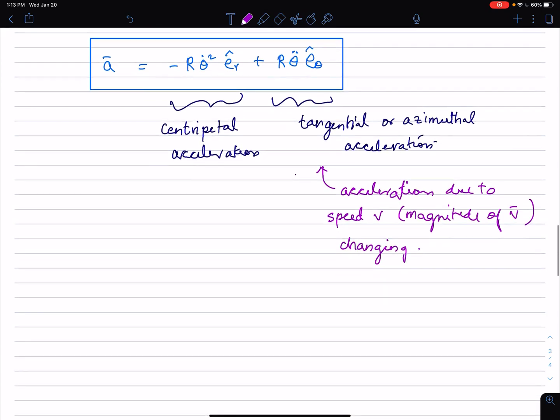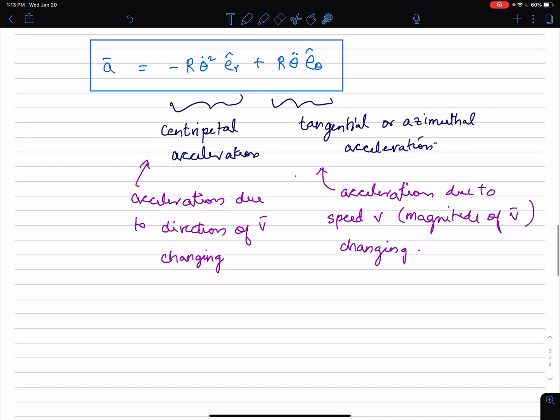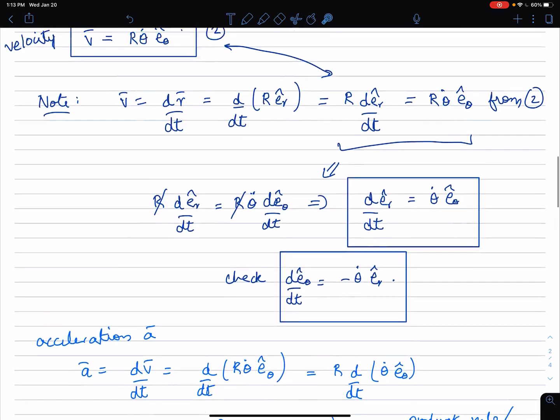And then this term has to do with acceleration due to the direction of v changing. Okay, so v is a vector. It's got two components, two parts, so to speak, the magnitude and the direction. This term has to do with how the magnitude of the velocity changes, and this term has to do with how the direction of the velocity changes, right?